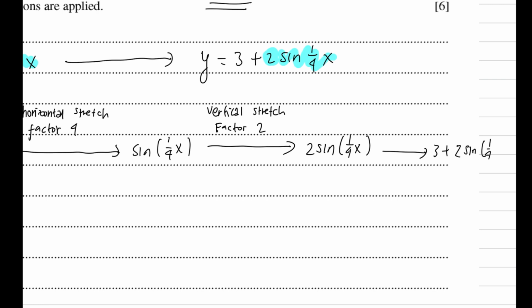So that means we need to do the translation. Vertical translation, yeah, by vector (0, 3). Means that we move it up by 3 units, but we don't do any horizontal translation.